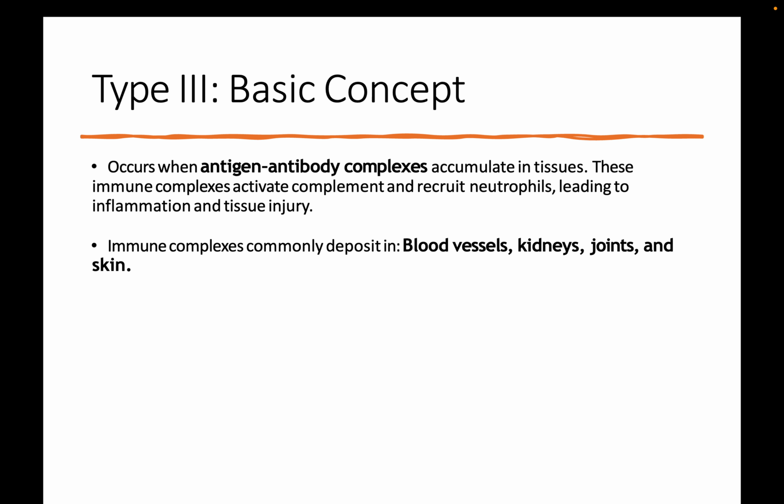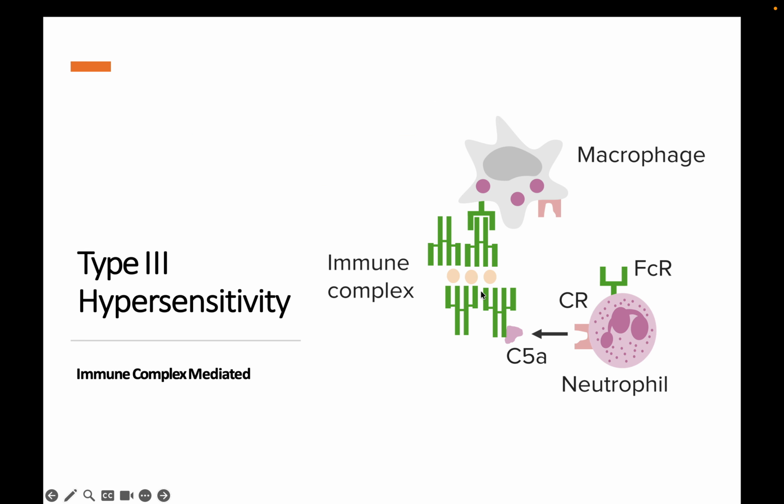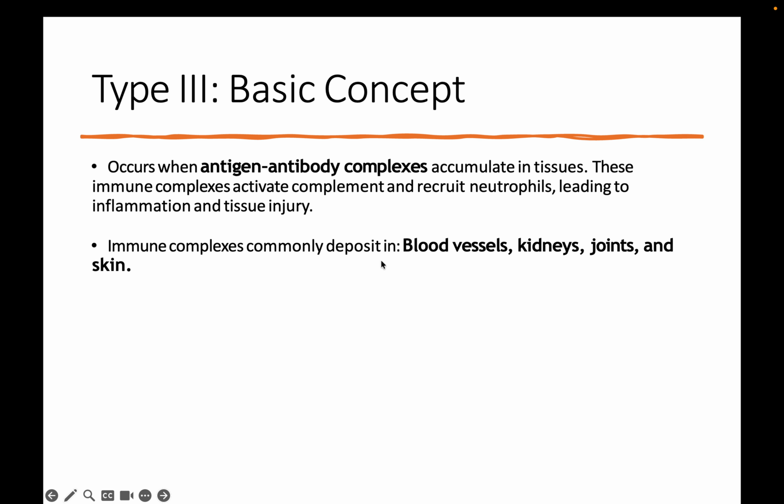So as I said, what happens is that you have these antibodies binding to these soluble antigens. This whole immune complex suddenly starts to deposit in blood vessels, kidneys, joints, and the skin. Because they deposit there, complement activation, the membrane attack complexes, actually happens wherever they're deposited.